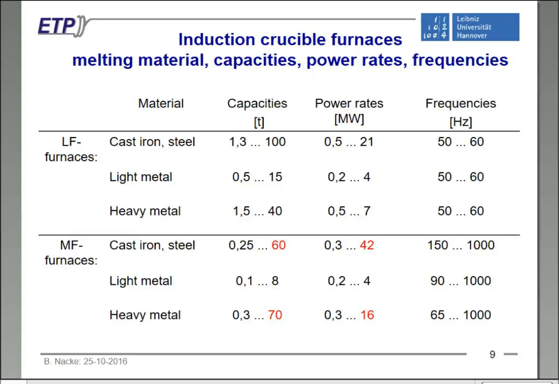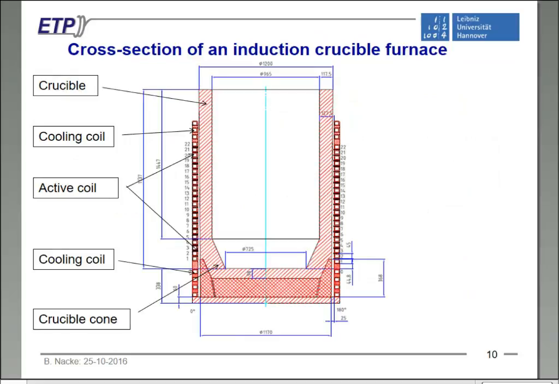So looking a little bit more in detail inside the furnace, first I'm coming to the coil again. Here you see a typical drawing of the coil, and here you see the so-called active coil. What means active coil? That is a coil where the AC current is flowing, and which generates the electromagnetic field.